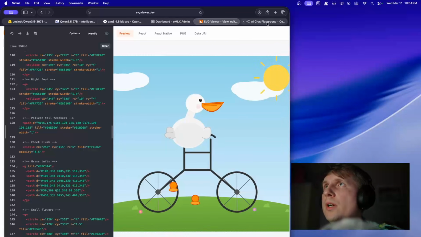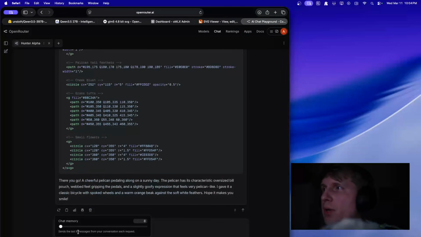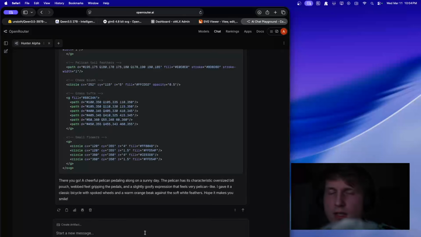Now what we're going to do is test another prompt, and I'm going to put the chat memory to 1 so that it doesn't really remember anything from its prior experiences of us talking to it. So it's not going to be able to remember the last message that we sent it.